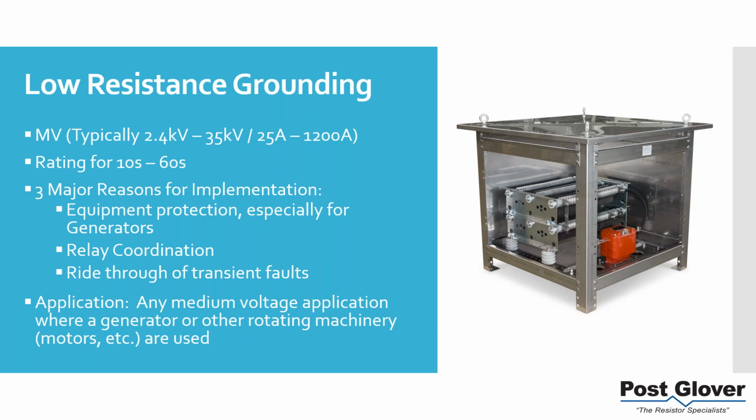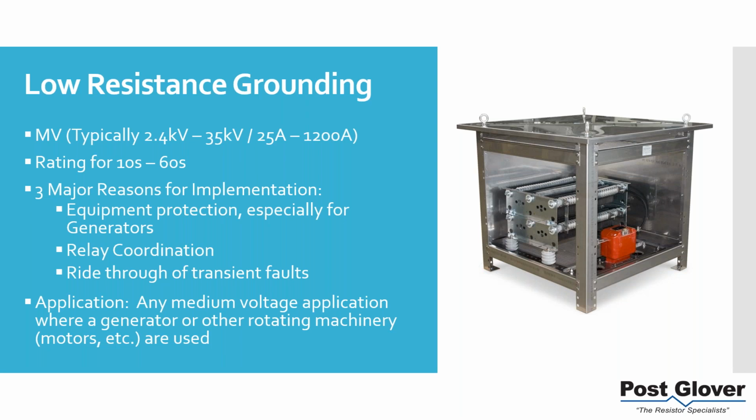So it's typical for medium voltage. 25 amps is more of a typical mining application, and then we're talking about 100 amps to 400 amps on the industrial side. You can usually get higher than that on rare occasions in industrial, and some utility applications can go higher still. Typical ratings are 10 seconds.